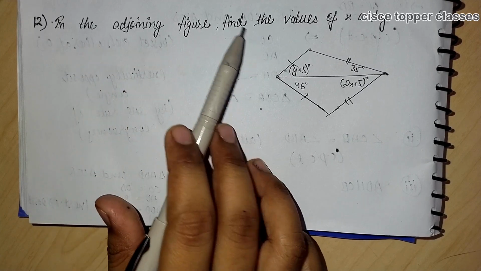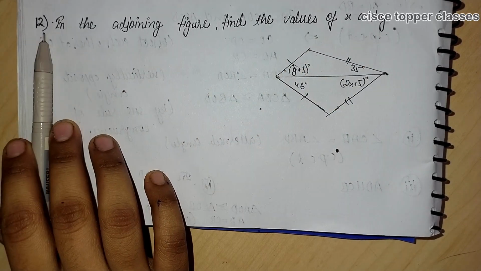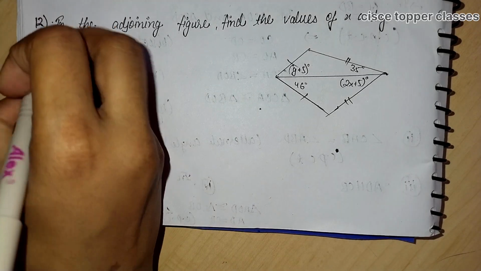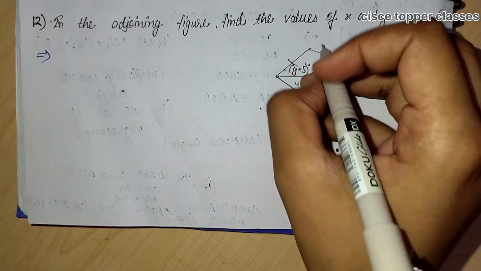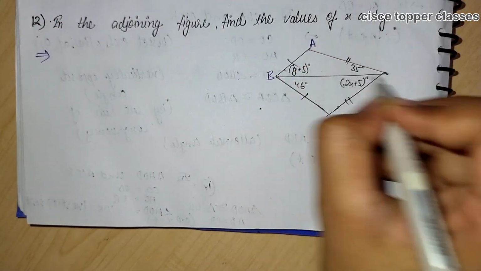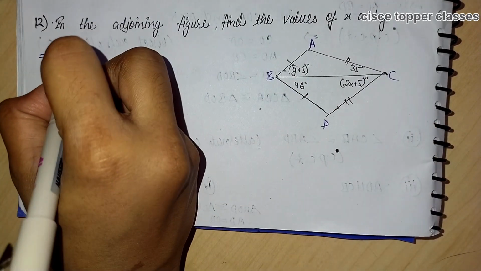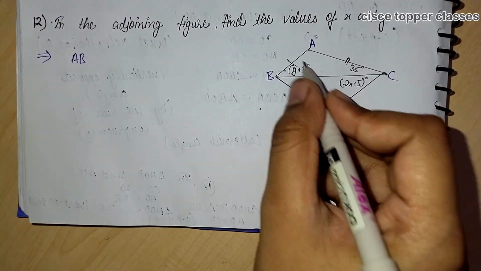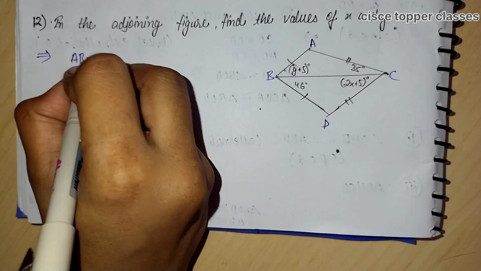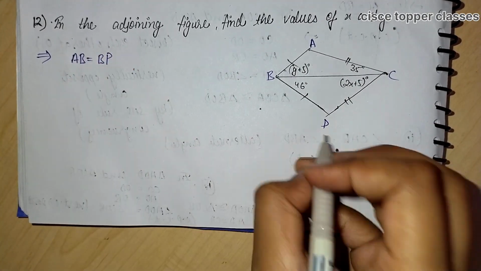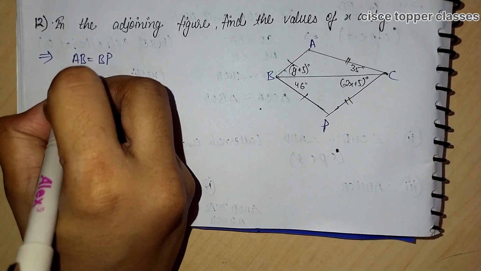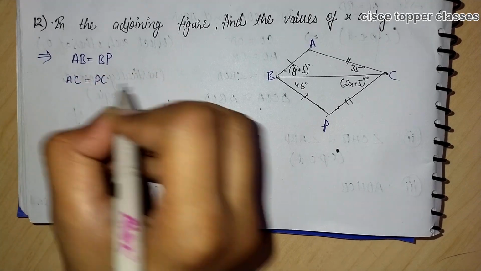Now let us solve the 12th question. In the adjoining figure, find the values of x and y. Let it be A, B, C and here this be P. The given information from this diagram is AB is equal to BP and AC is equal to PC.